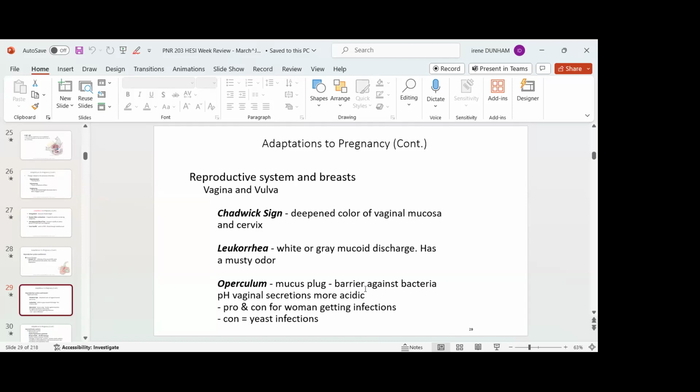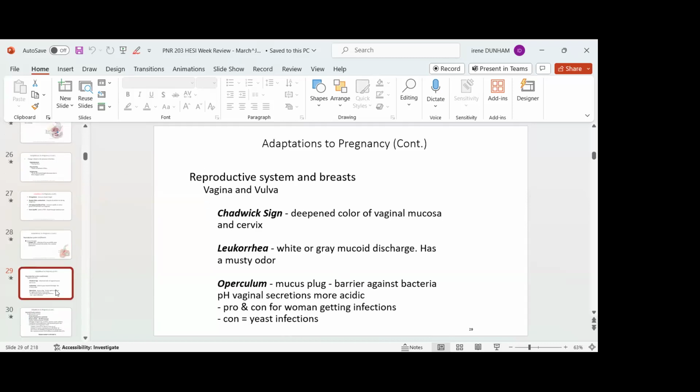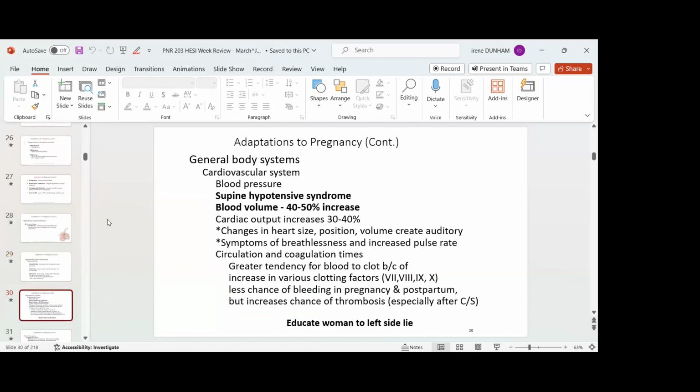And then it makes the pH of the secretions acidotic, and she can get an infection. So the mucus plug is a great barrier to keep that bacteria from going upward. Okay, so yes, it is very mucousy also. And then she does lose that prior to going into full-term labor.